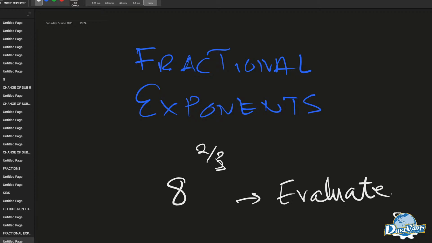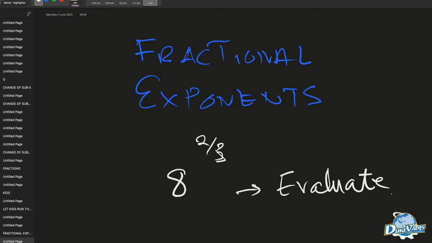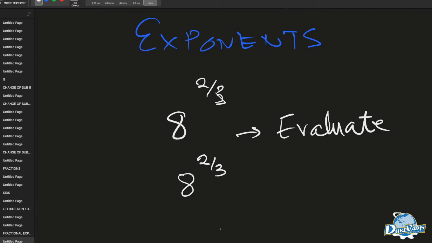It's so easy. First and foremost, let's see how we solve such a problem. So it's going to be 8 raised to the power 2/3. Okay, so that is the number. How do we break it?